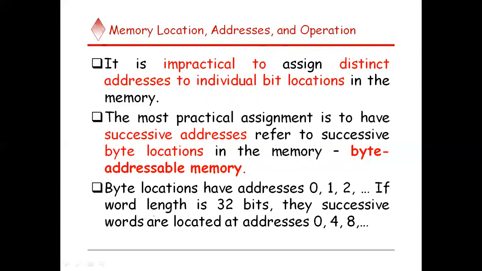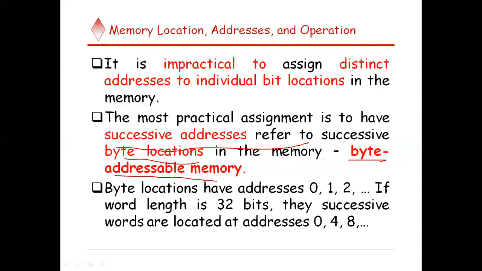So what we do is, the most practical assignment is to have successive addresses refer to successive byte locations. With respect to a particular byte, we give one address. That is called byte addressable memory. For a given byte, that means a collection of 8 bits together, one address is assigned, and that is called byte addressability.